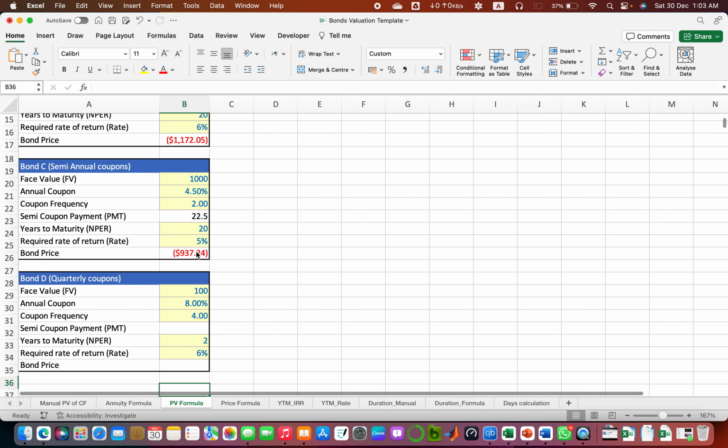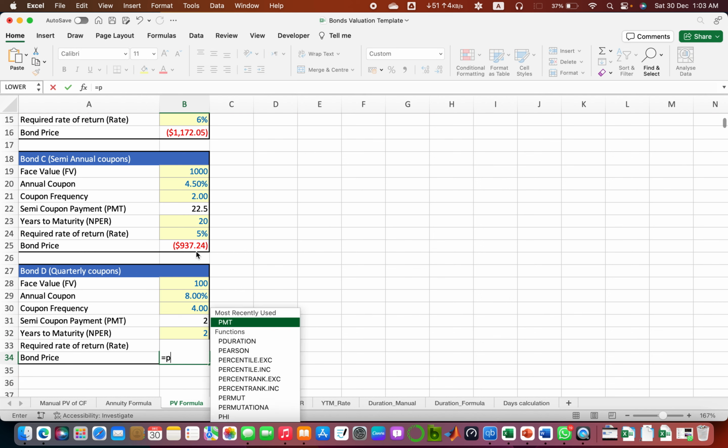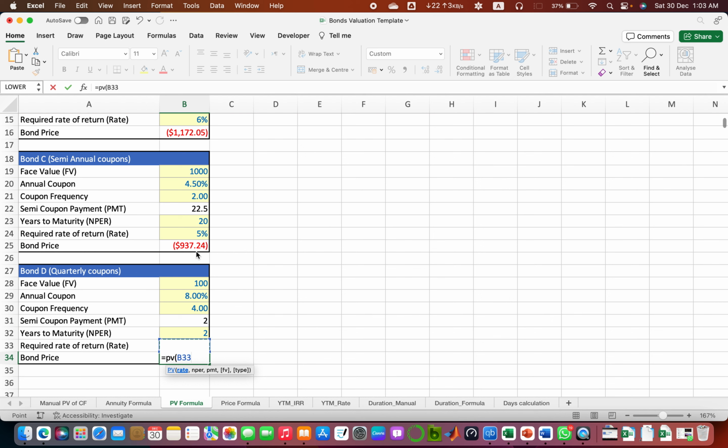Now let's do the same thing for the quarterly bond. You just multiply the face value by the coupon rate and divide that by the frequency, because you are getting payment 4 times a year, so it will be divided by 4. Now bond price, PV, the required rate of return divided by the coupon frequency, that is 4.